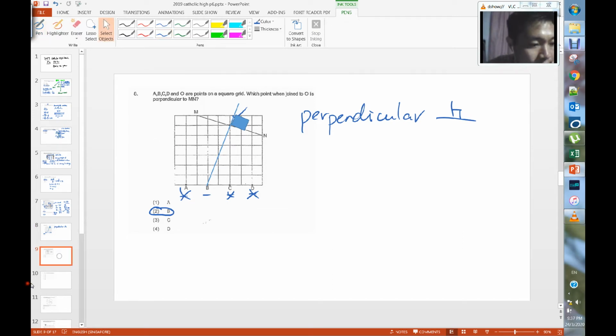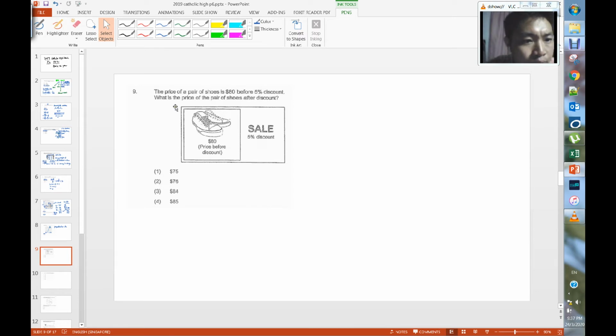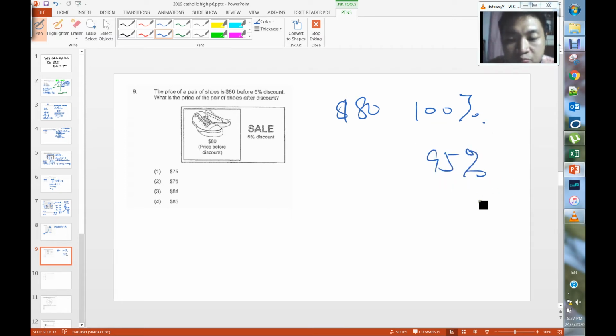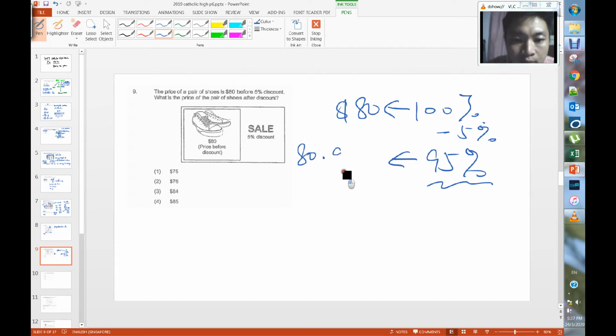Okay, next. Over here it says the price of a pair of shoes is $80 before 5% discount. So $80 is your 100%. With a 5% discount, you only need to pay 95%, because you take 100% and minus 5%. If 100% is $80, how much is 95%? You just take 80 times 95%.